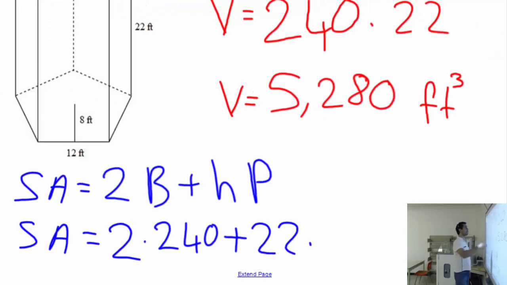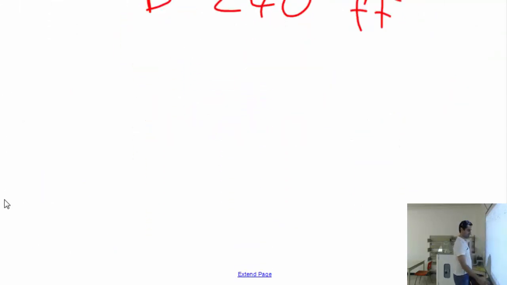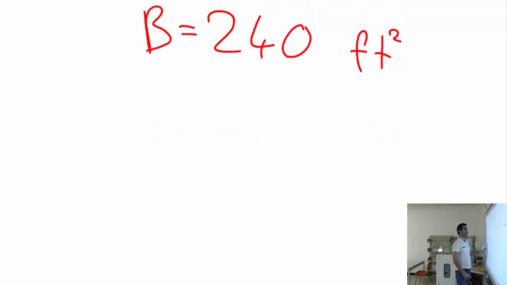Let's go back to this page. Perimeter equals, so it's still the polygon, right? In the base we have the polygon, so I'm going to write down the polygon perimeter formula.